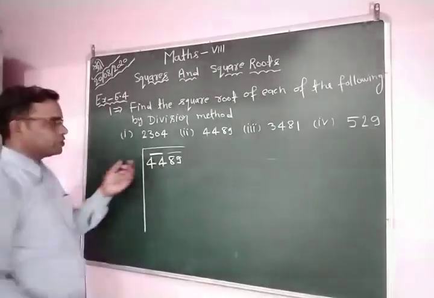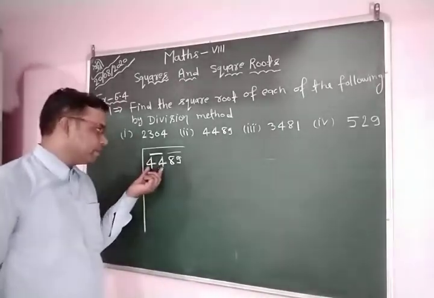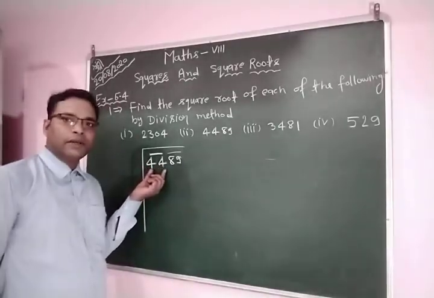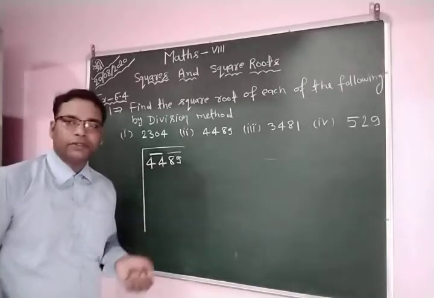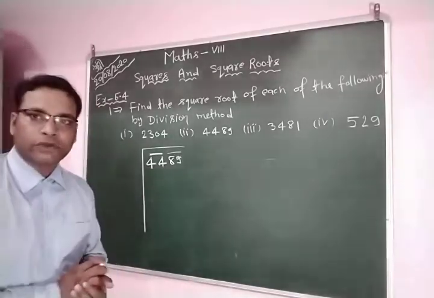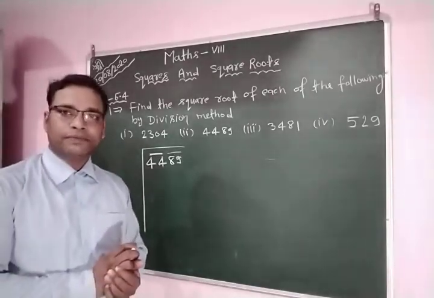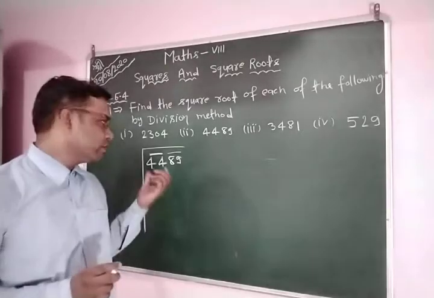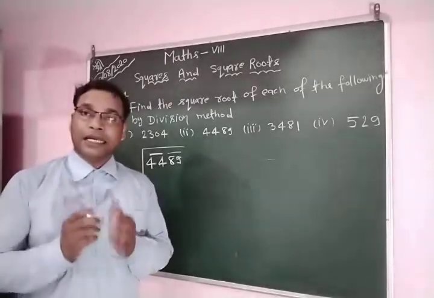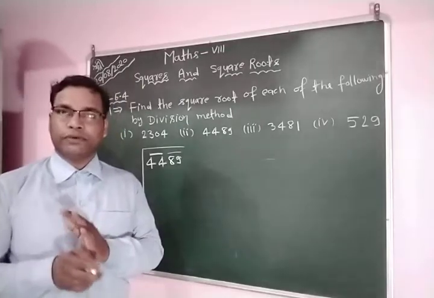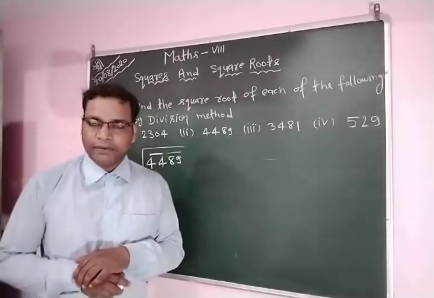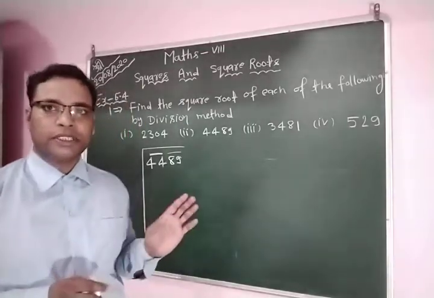First we take the first pair from the left, and this is 44. We select a number whose square is less than or equal to 44. If you take 5, 5 5s are 25.